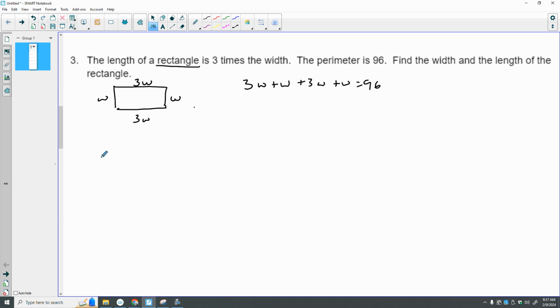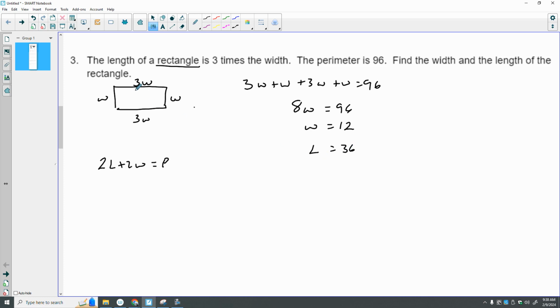I know there's formulas. You could do 2L plus 2W, but now we're just getting fancy, so just add them all up. Okay, 3, 4, 7, 8W has to equal 96. Divide by 8, W has to equal 12. So if the width is 12, my length is 3 times that, so my length has to be 36.